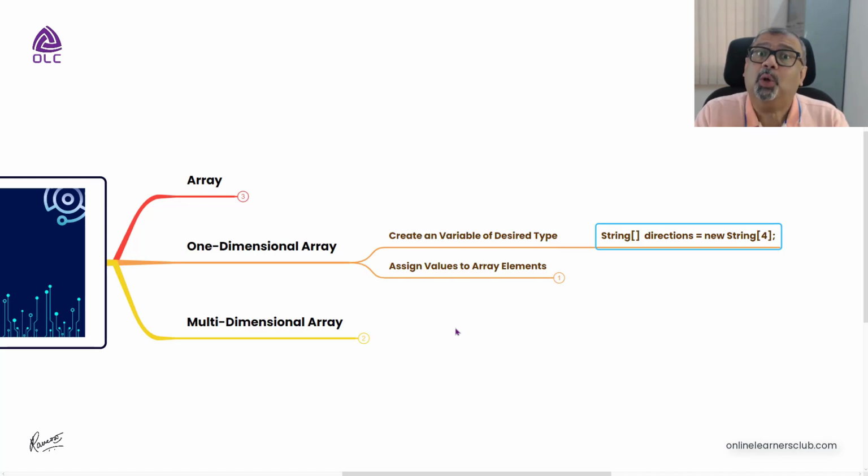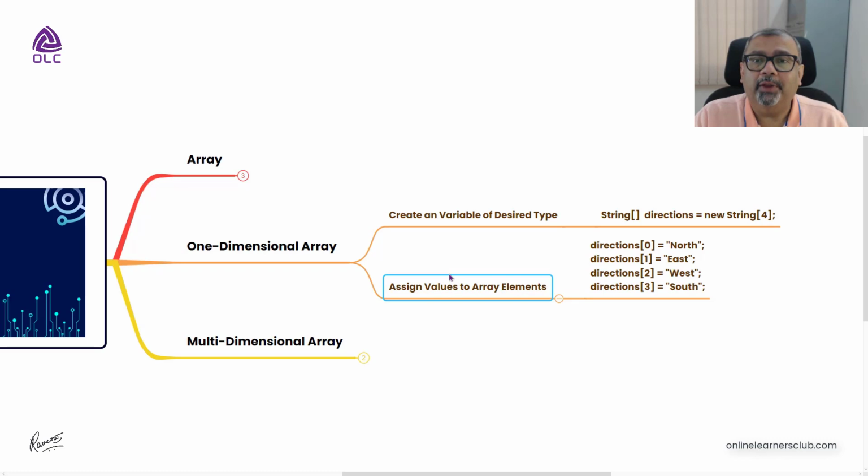However, whenever you want to assign the values, that is the next thing we do. We can access them via the square brackets, using the zero-based index. So directions[0], directions[1], directions[2] and directions[3]. These are the 4 elements, and you can specify the content directly and assign the value.